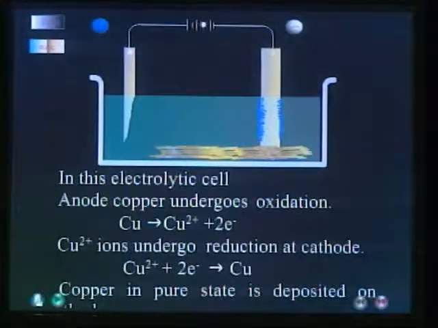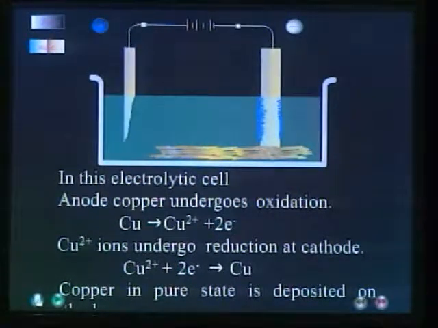The reactions taking place in electrolytic refining of copper can be shown as follows. The impure anode copper undergoes oxidation to give Cu2+ ions, and electrons move through the circuit. Copper ions come into solution.